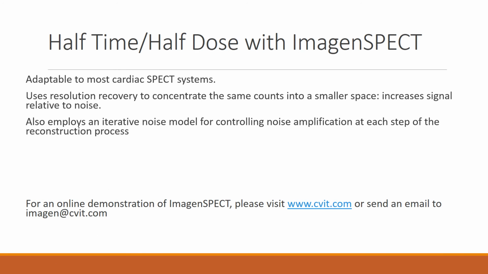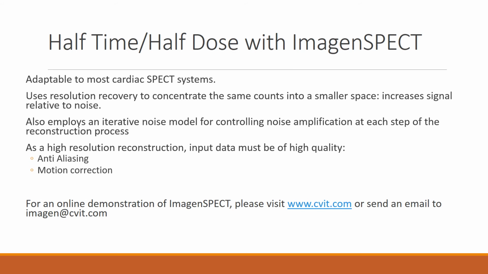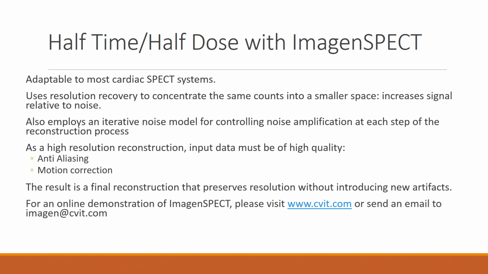It also employs an iterative noise model for controlling the noise amplification at each step of the reconstruction process. As with any high-resolution reconstruction technique, the input data must be of high quality. That includes anti-aliasing correction and motion correction. When all of this is combined, the result is a final reconstruction that preserves resolution without introducing any new artifacts.